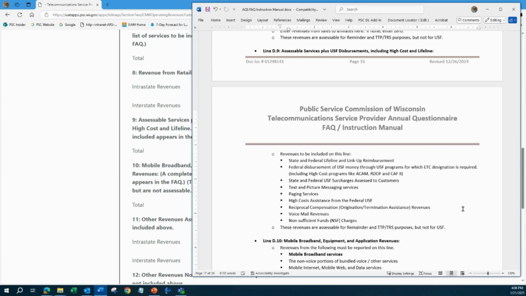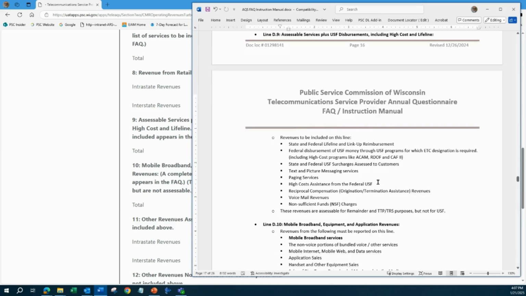If you're a company that is providing both wireline and wireless revenues and you're receiving ACAM revenues, report them either under wireline or wireless as appropriate. Don't report them both places or it'll get double counted. So that's the accessible revenues.